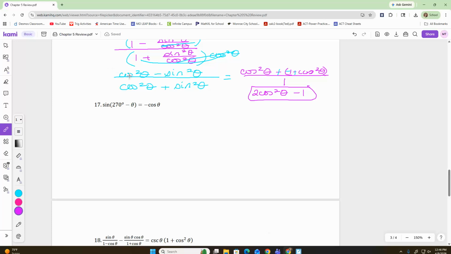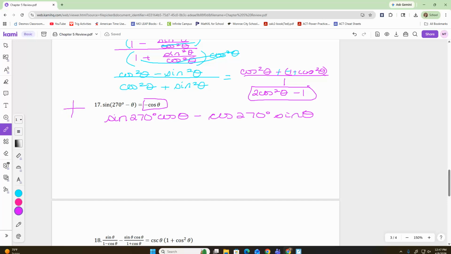All right. Okay, on the left, can I just distribute my sine? No, that's why we have all of those identities. So go to your flip chart, sum and difference formulas. What is sine of A minus B? So this involves us knowing sine and cosine at 270.